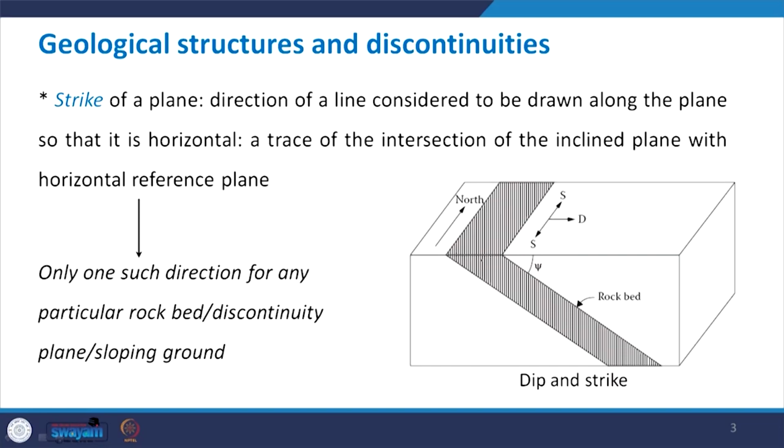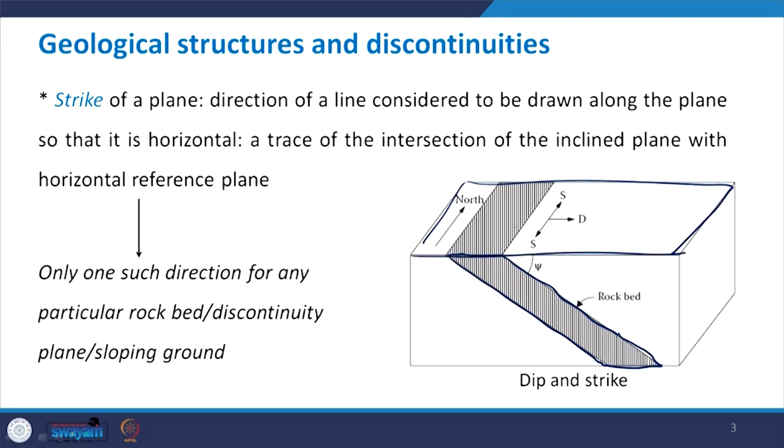Just imagine that this is the plane. Now this plane is there, and then you have this as a horizontal plane. So wherever these two planes intersect, or this rock bed is intersecting that horizontal plane, that is called the strike.